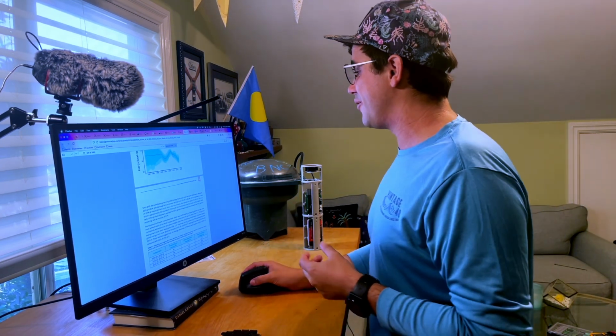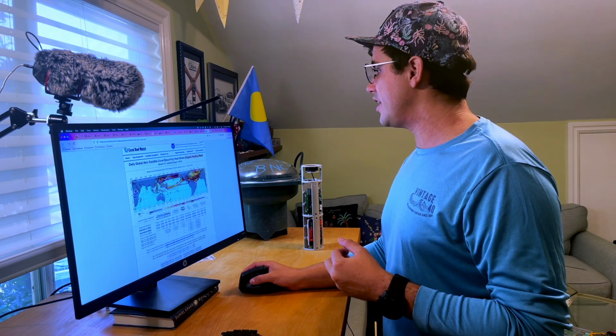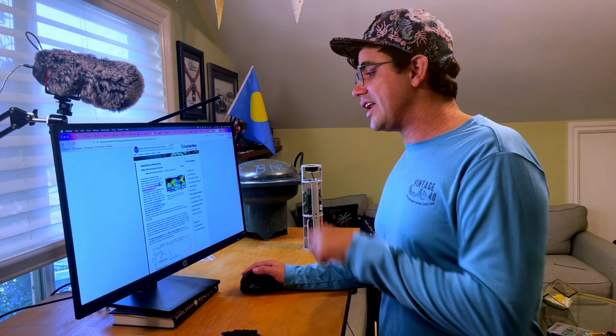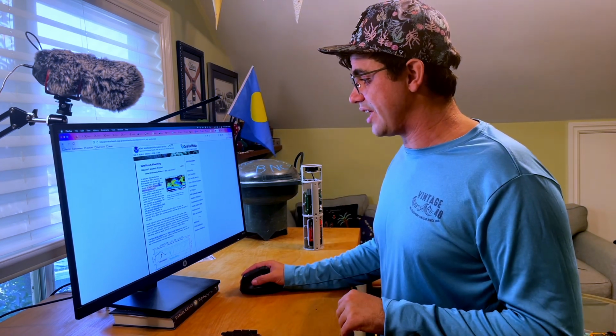The other resource I want to show is put together by NOAA, and they have this imaging satellite that's doing sea surface temperatures. I will also link this in. What they've done is taken 10 years of data measuring the sea surface and then getting averages of a certain pixel, which is, I think, 5 kilometers in this case.